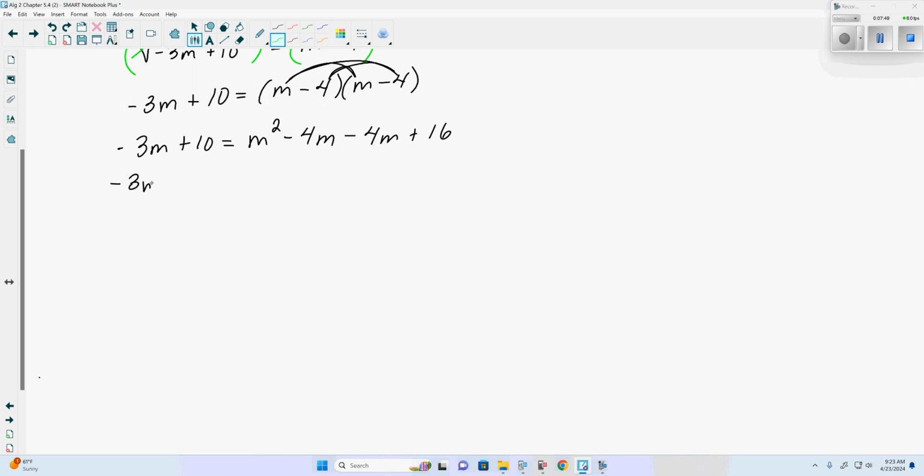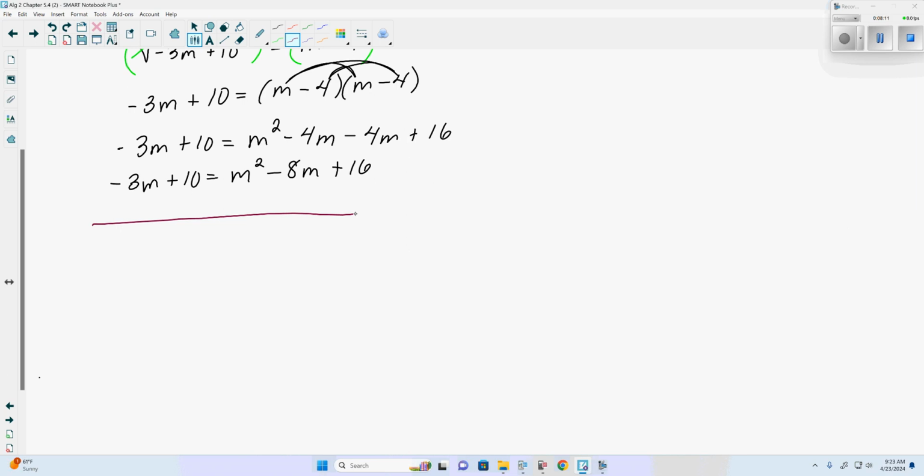Now again, before we start moving anything, -4m minus 4m is -8m. Now because we do have an m squared, we need to get this thing equal to 0.